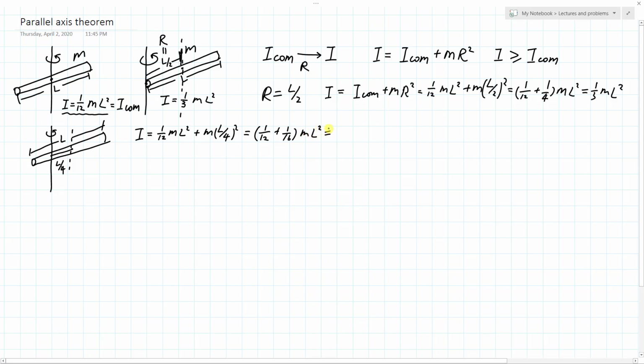Okay, we need to find the least common denominator. 16 has a 4 and 4, this is 4 and 3, so we need a 3. So 16 by 3 is 48. And we have a 4 and a 3, so 7/48 ML squared.